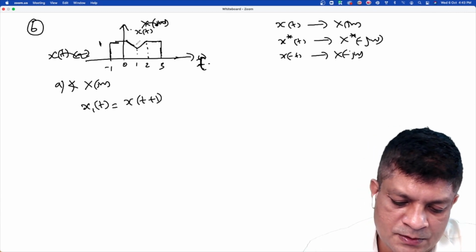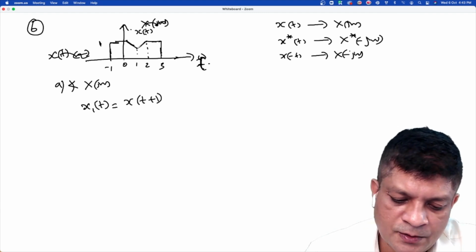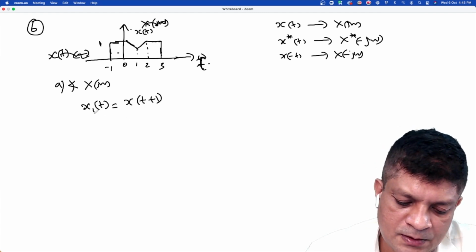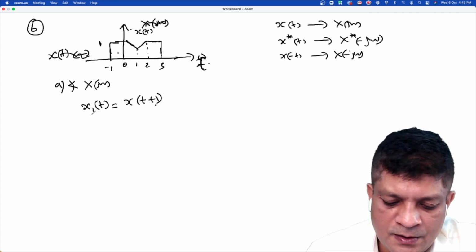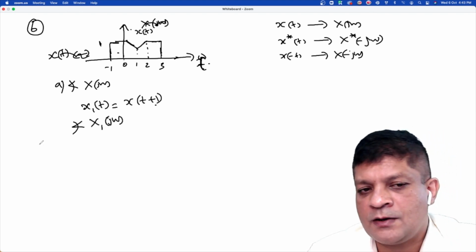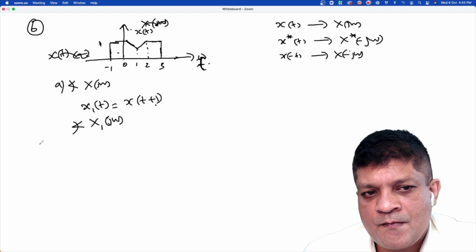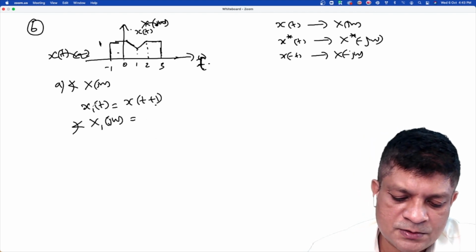Okay, so the signal x(t) is real. If you shift it left by 1, that is x(t plus 1), this is a real and even signal. Now if you take the Fourier transform of that signal, X1(j omega), what is the phase angle of that? It is 0, because this is real.